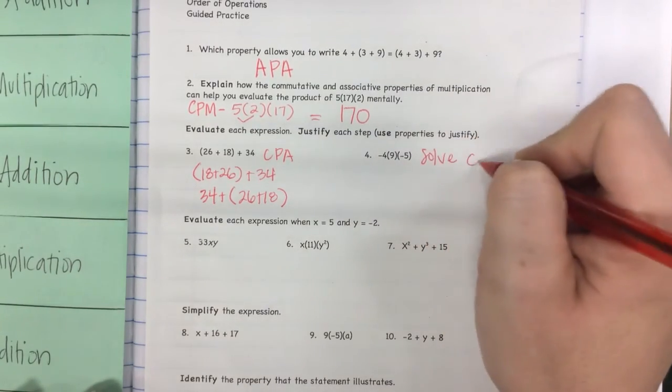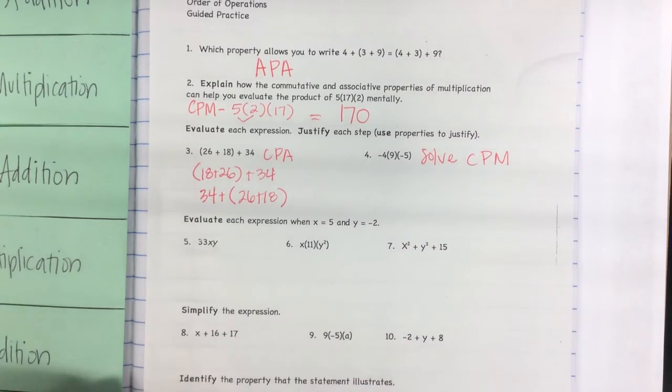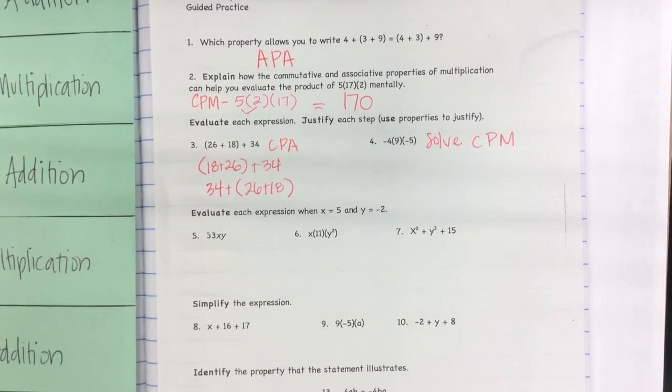Solve this one using the commutative property of multiplication. Solve number 4 using the commutative property of multiplication. Rewrite it so it's easier to solve.